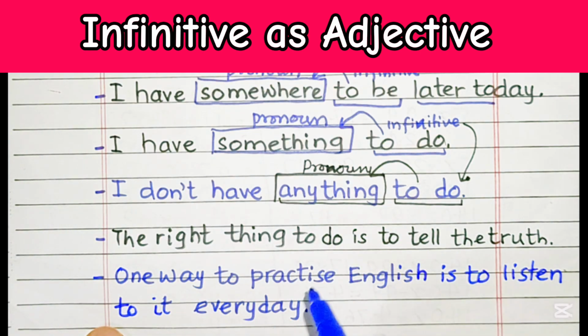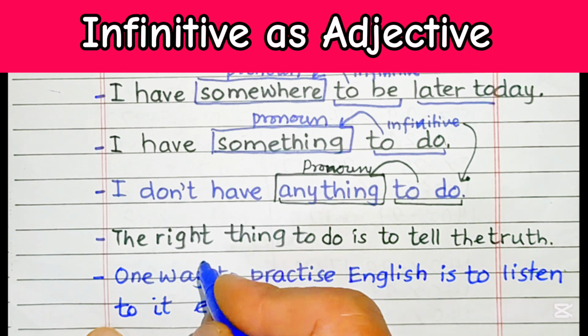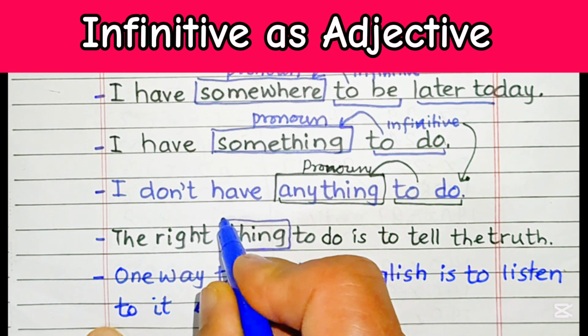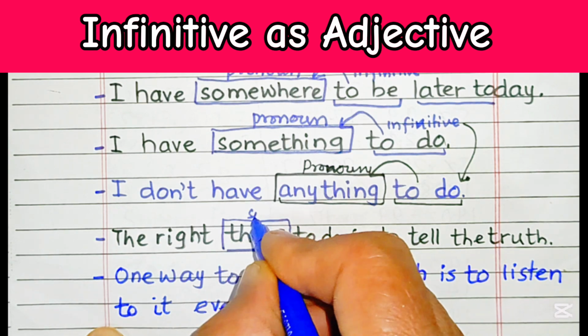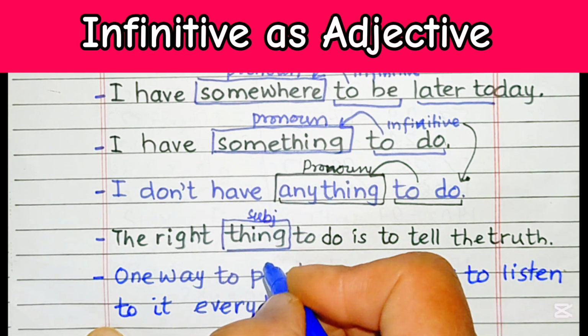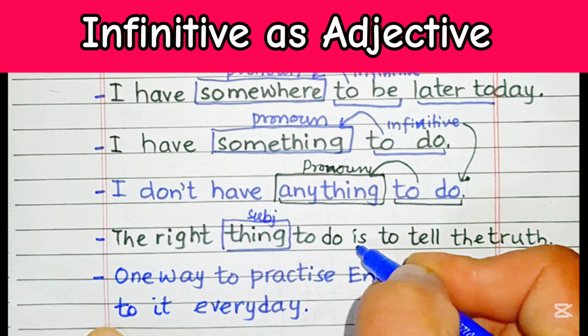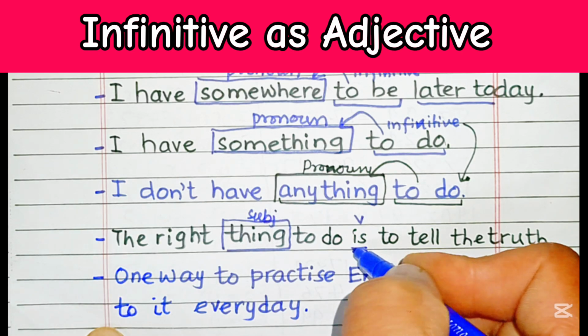The right thing to do is to tell the truth. In this sentence, the word thing over here is the subject. And here is the verb. This one is the verb.